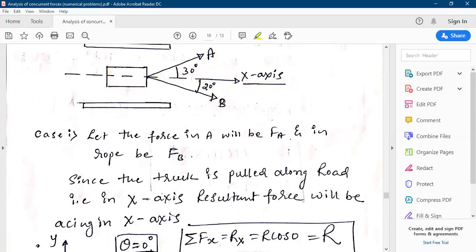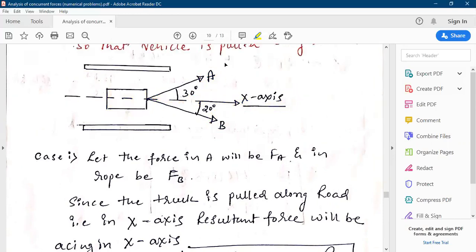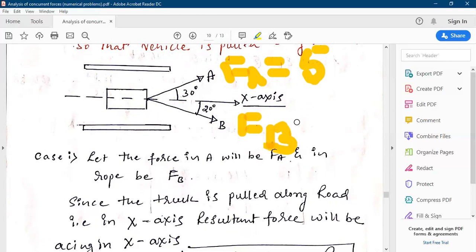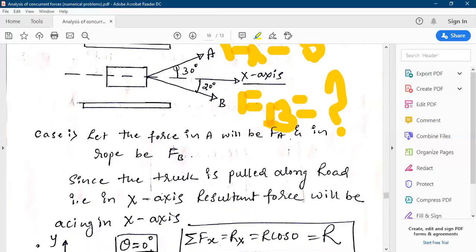the force at rope A, that is FA. FA is given as 5 kilonewton, and they are asking us to calculate what is FB, provided the angle between rope A and the x-axis is 30 degree and the angle between rope B and the x-axis is 20 degree.